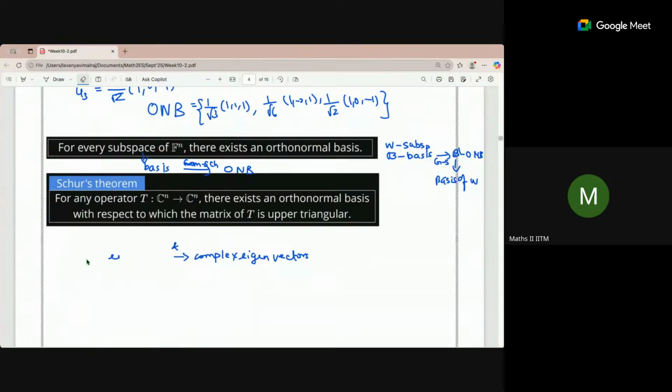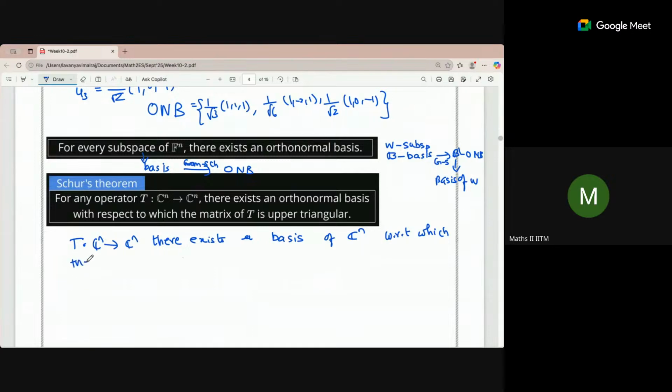So we know that we can always find a set of vectors. Let us say you have T from Cn to Cn. What is known to us? It is known to us that there exists a basis of Cn with respect to which the matrix of T is upper triangular.